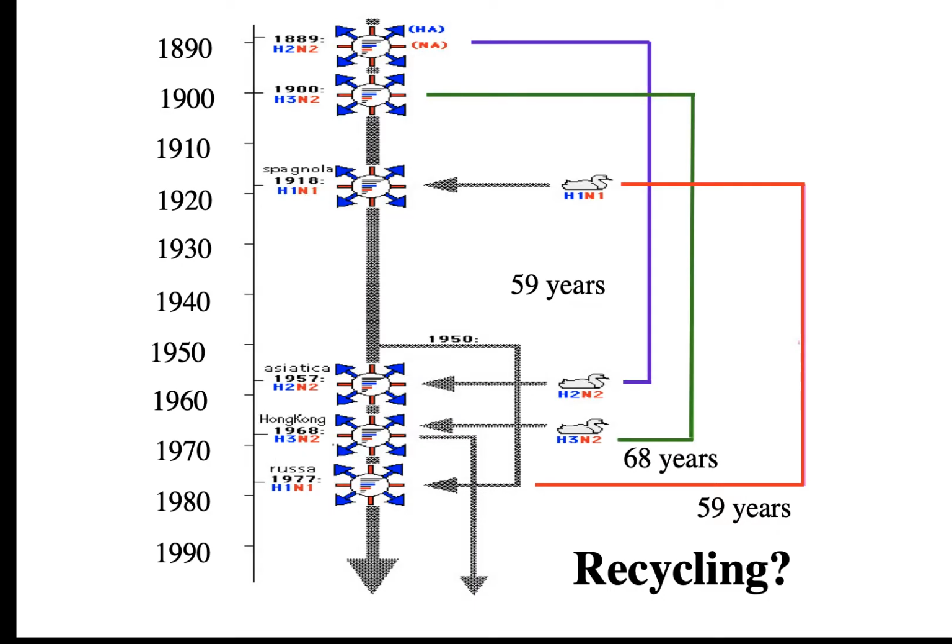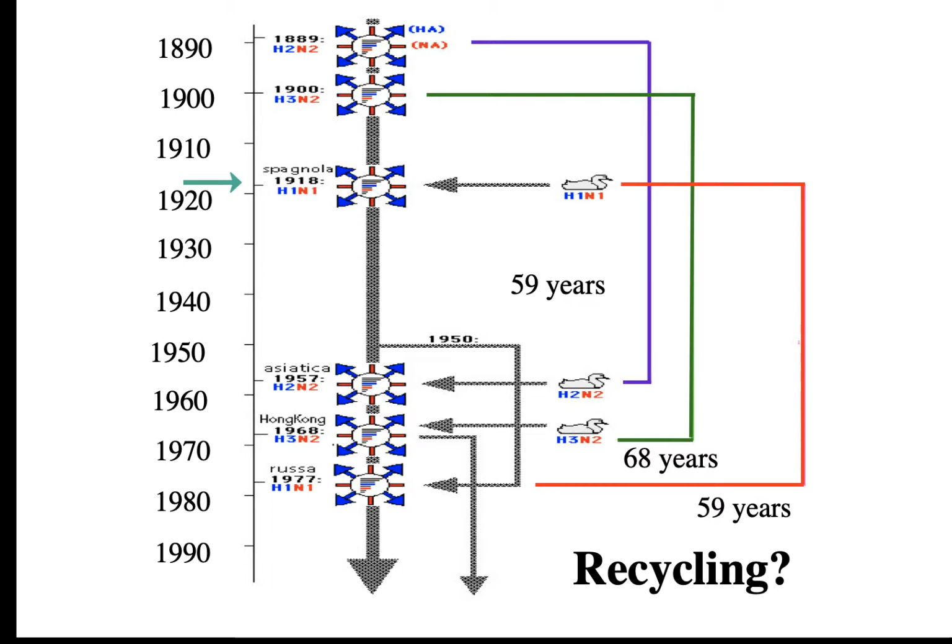In the past, it had been noted that strains of influenza tend to recur over a certain number of years, usually corresponding to a time when there's no longer herd immunity in the human population. And so in 1977, there was a Russian influenza that looked very similar to the 1918 influenza.